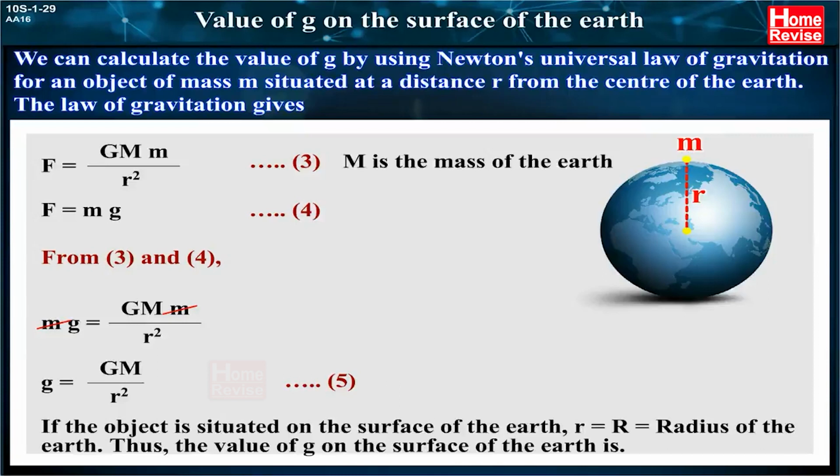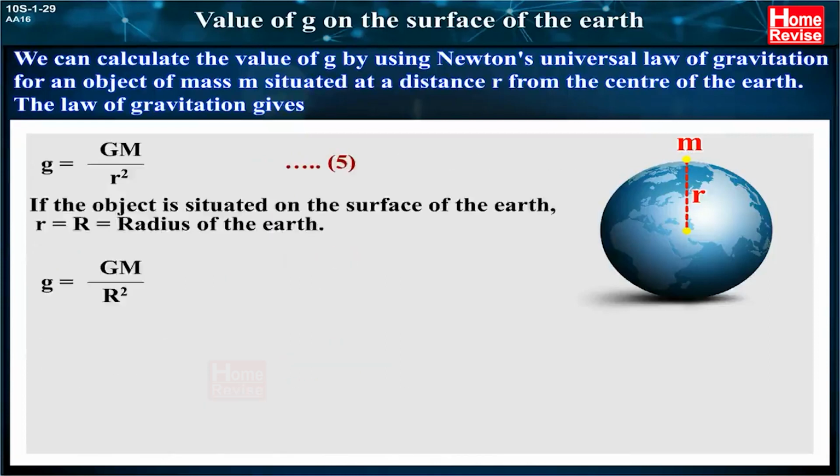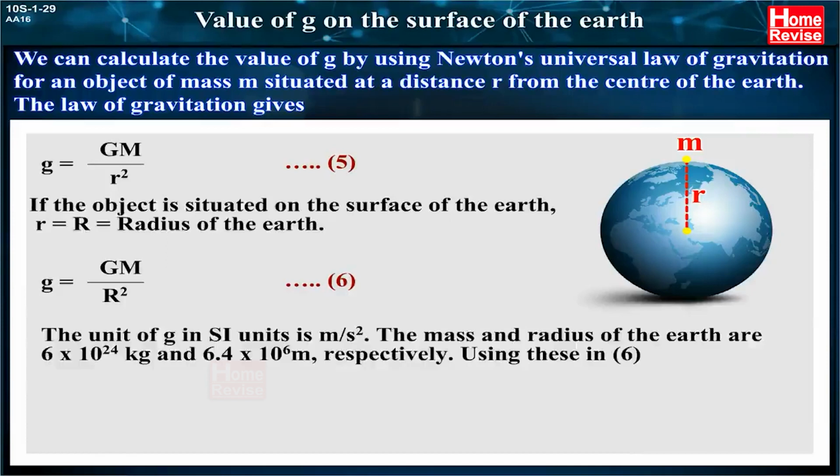Thus, the value of g on the surface of the Earth is g is equal to G M upon R squared. Let this be equation 6. The unit of g in SI units is meter per second squared.